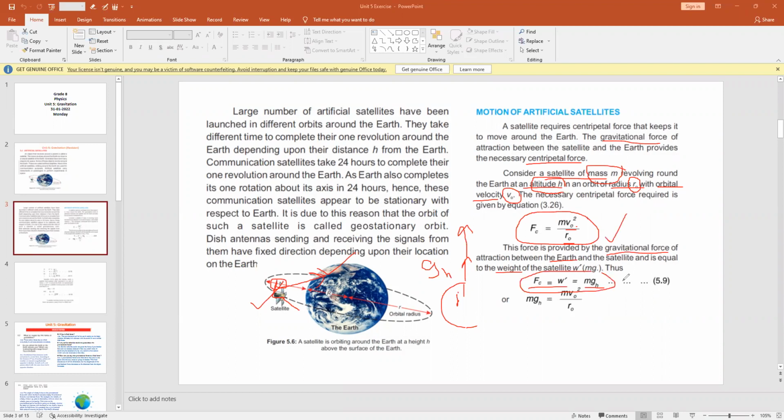So what we have to do is compare these two forces. When we compare these forces, they will be equal to each other. So we can write these forces as m g h is equal to m v naught square by r naught. These are the two forces, one is the gravitational force and the other one is the centripetal force, and they will be equal to each other.